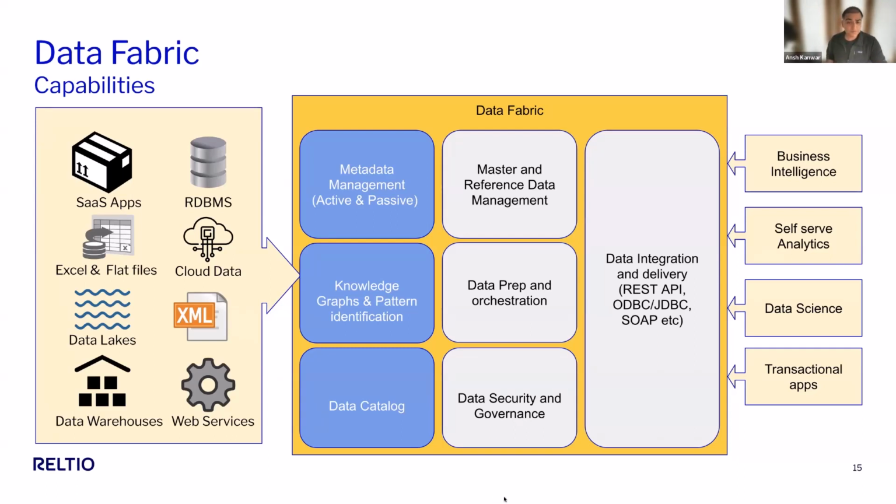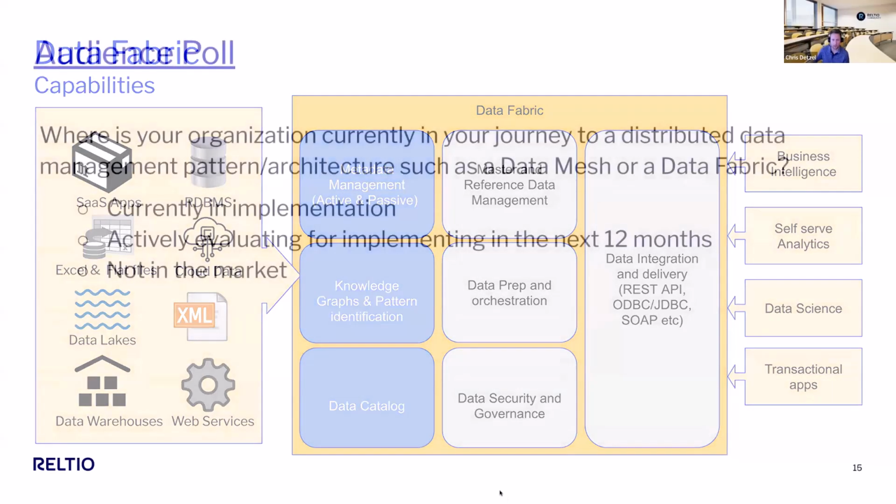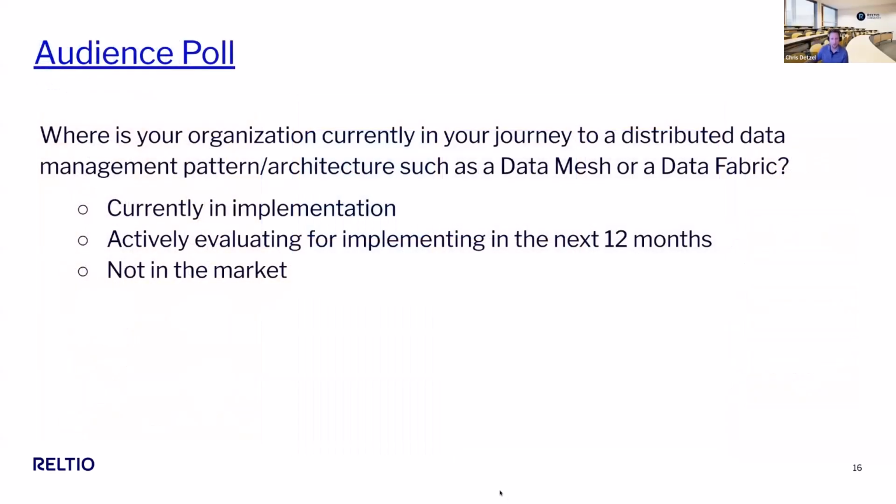Should we keep going? Let's keep going. I do have a question at the end, though, but keep going. All right. We want to do another quick poll here. Given the discussion so far, where is your organization currently in your journey to a distributed data management pattern or architecture, such as the ones we've discussed, a data mesh or a data fabric? Are you currently in implementation?